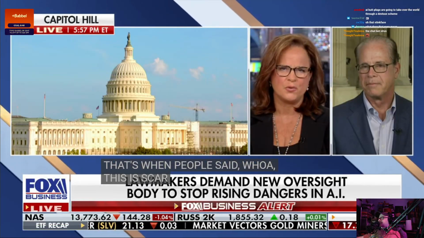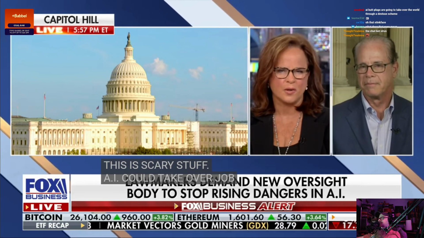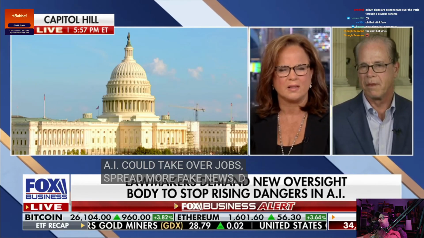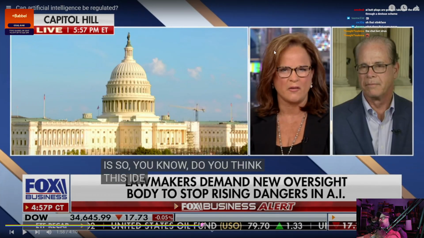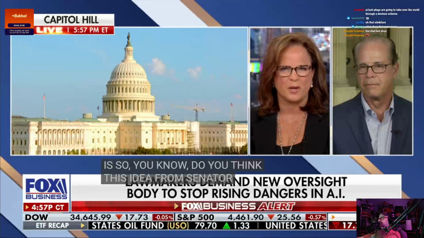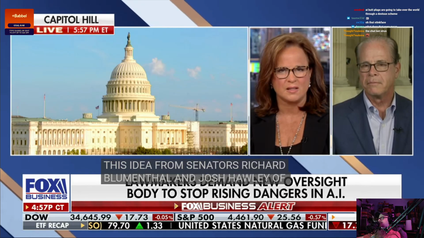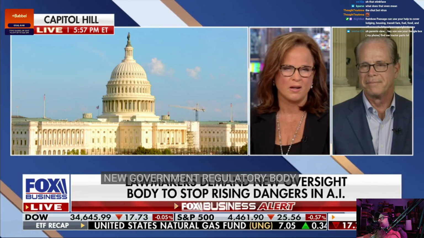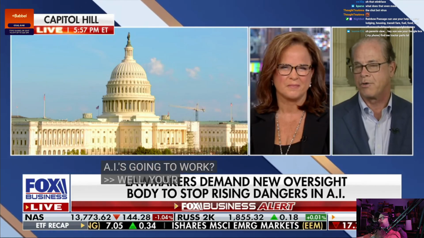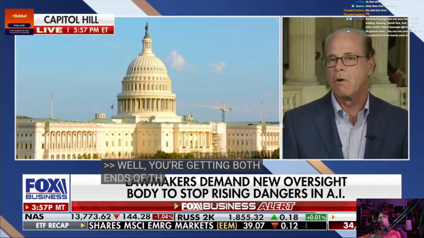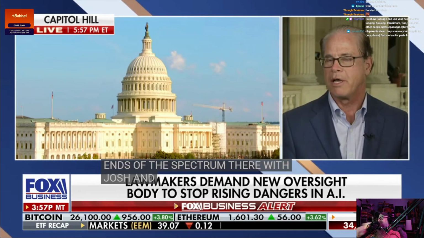More fake news, do a dangerous arms race. So, do you think that this idea from Senators Richard Blumenthal and Josh Hawley of a new government regulatory body to audit and oversee and license AI is going to work? Well, you're getting both ends of the spectrum there with Josh and Blumenthal. So that tells you there's broad concern.